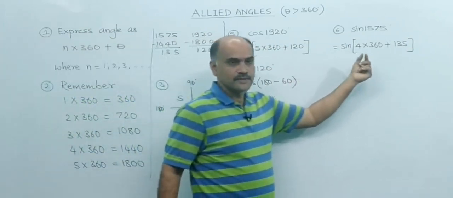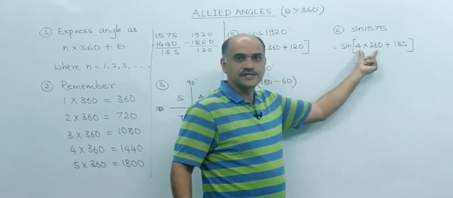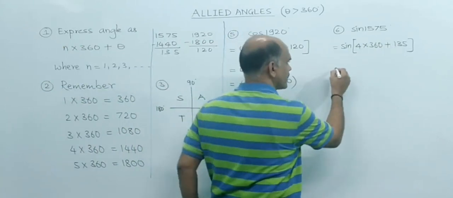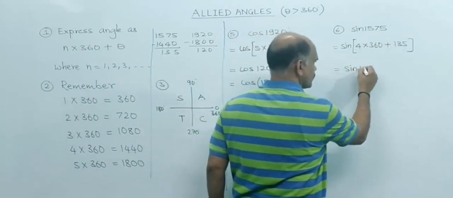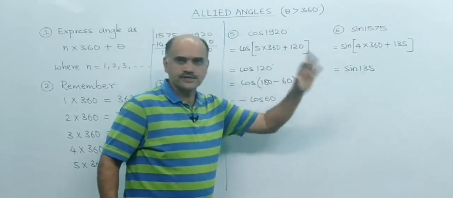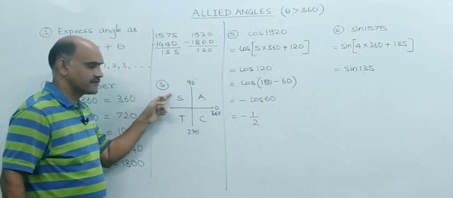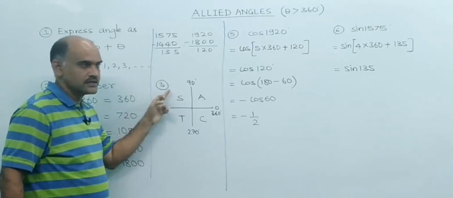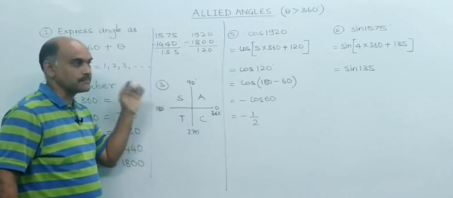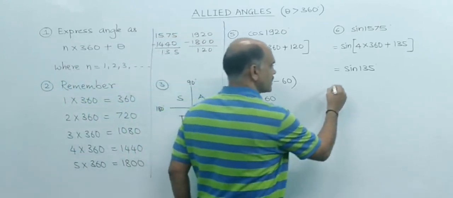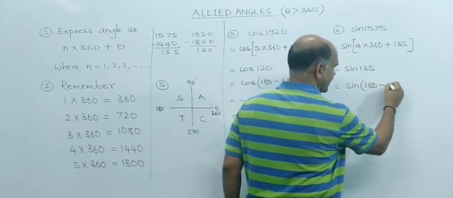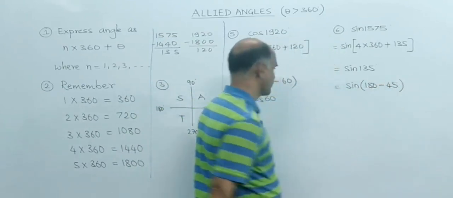Again by our method, n into 360 goes, you leave it, only 135 remains. So sin 135. Now again observe, 135 is in the second quadrant. So in the second quadrant 135 is written as 180 minus 45. So you will have sine of 180 minus 45.